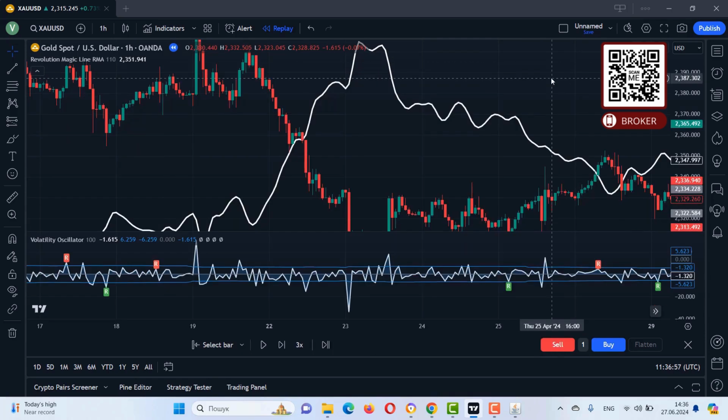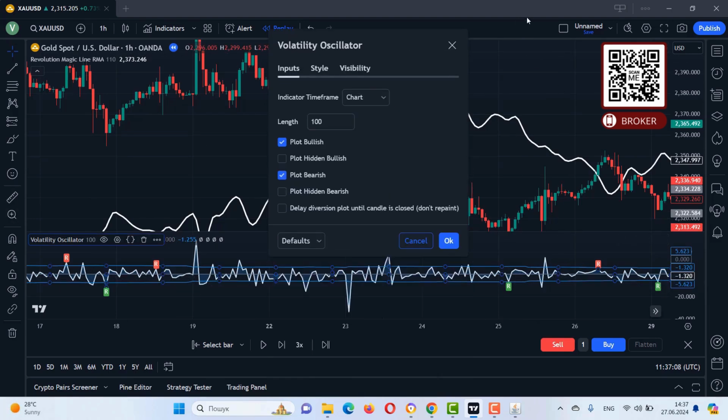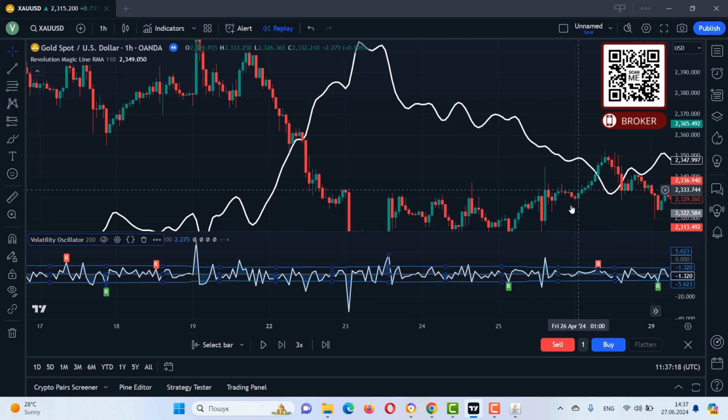Add it to the chart. We see that it has appeared below. Let's move on to setting it up. You only need to change one value in it, up to 200, and save the settings.